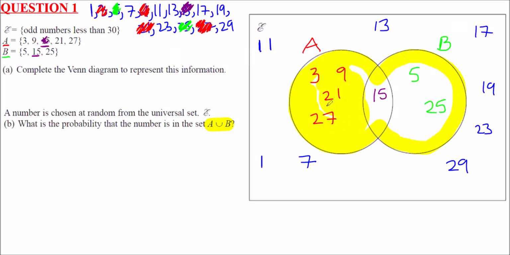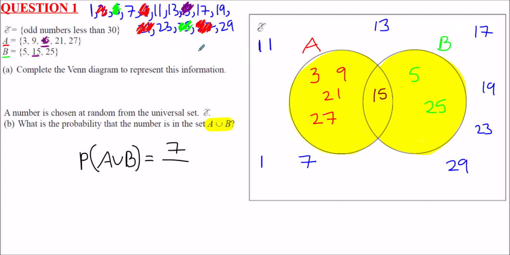But we're being asked here for the probability that if any number is picked at random, it is in this yellow bit. So the probability of picking a number that's in the union of A and B: well, we've got 1, 2, 3, 4, 5, 6, 7 numbers there to choose from, out of a grand total of how many numbers there are that are odd between 1 and 29.